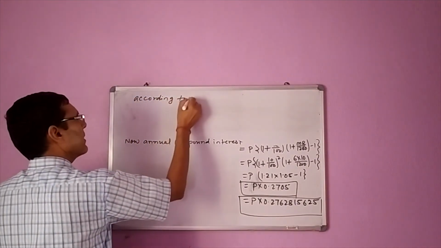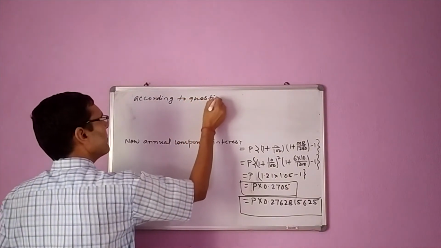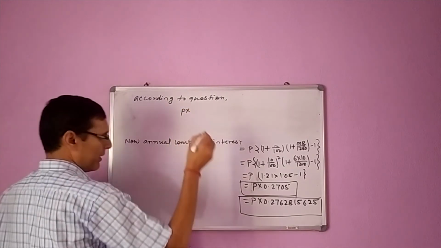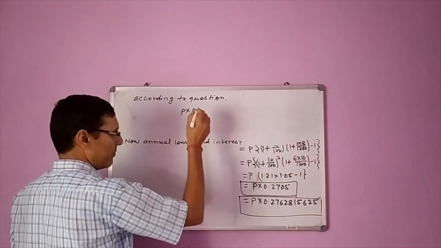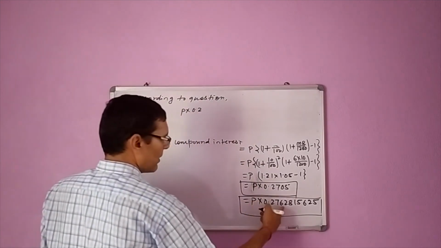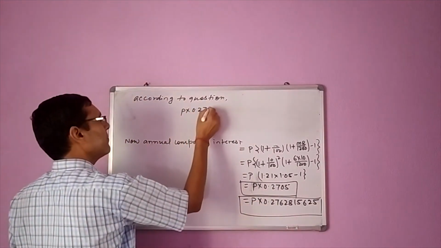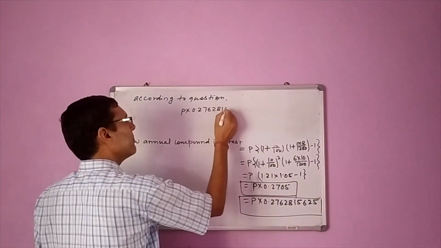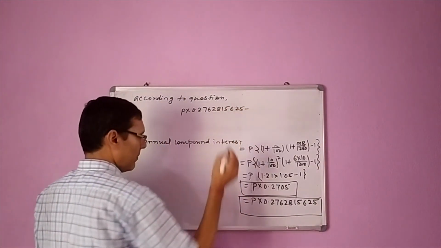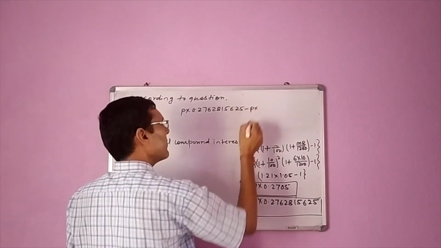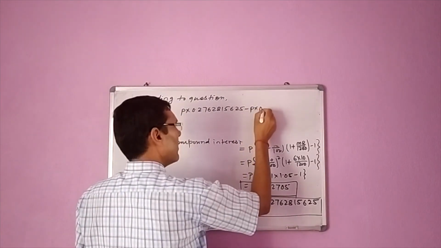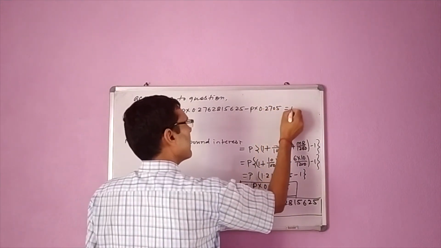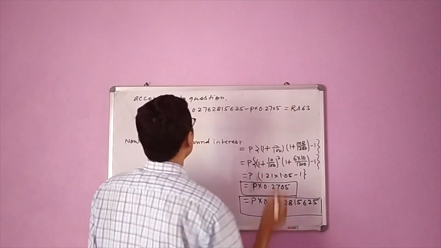So this semi-annual compound interest 0.2762815625 minus P times 0.2705 is equal to rupees 63.